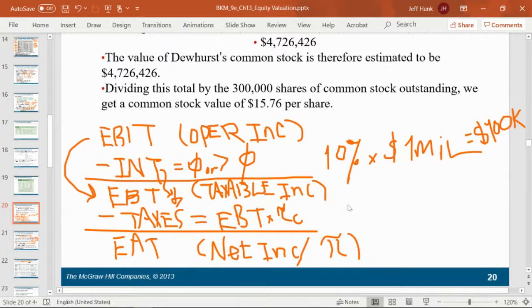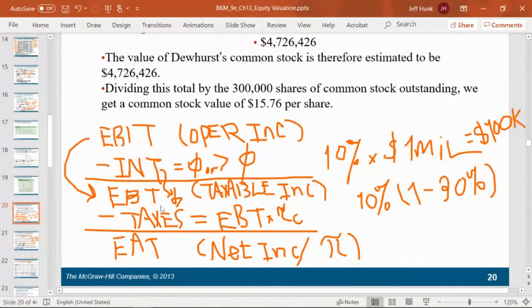In other words, eventually, to this interest rate, which was 10%, suppose your tax rate is 30%, right?